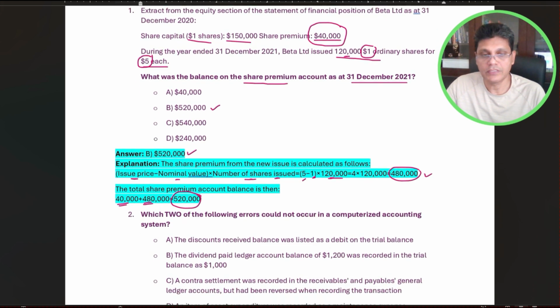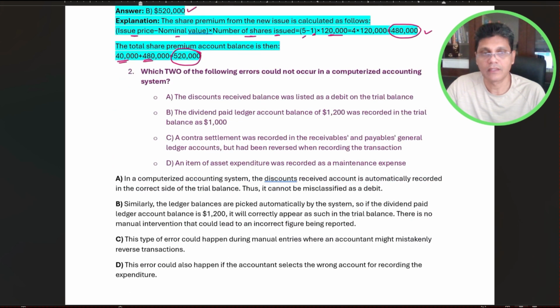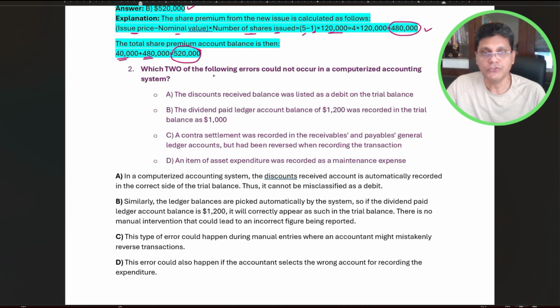Now let's move on to the second question. Which two of the following errors could not occur in a computerized accounting system? Let's go through. The first one is that a discount received balance was listed as a debit balance on the trial balance.